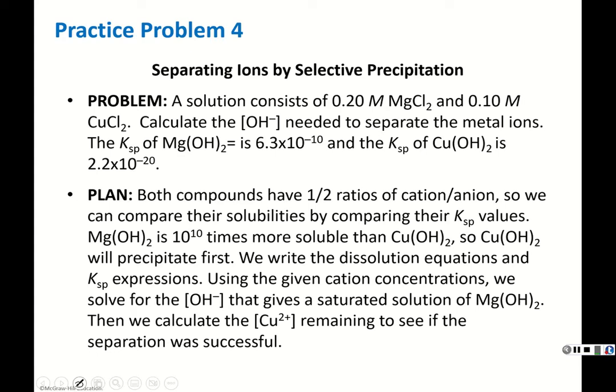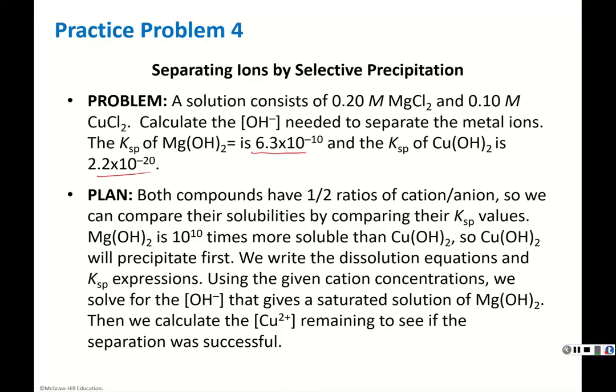And you'll see that they have different KSP values. Right, magnesium hydroxide is 6.3 times 10 to the minus 10. Copper hydroxide is 2.2 times 10 to the minus 20. So they're a great deal different in solubility. So magnesium is going to be more soluble. Copper will be less soluble. Okay. So how do we go through a problem like this?